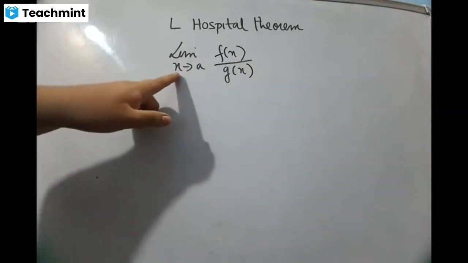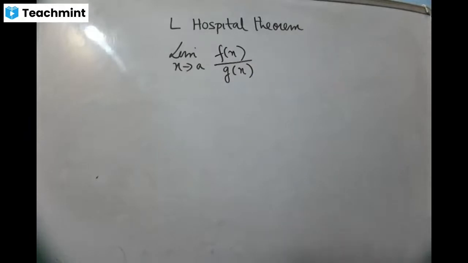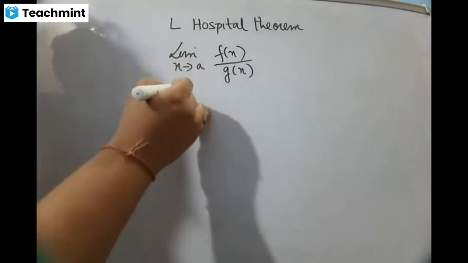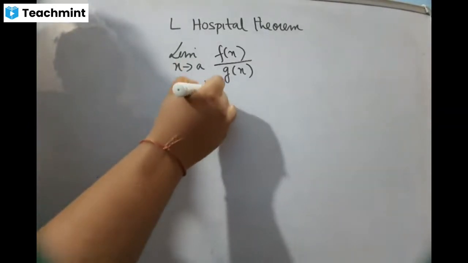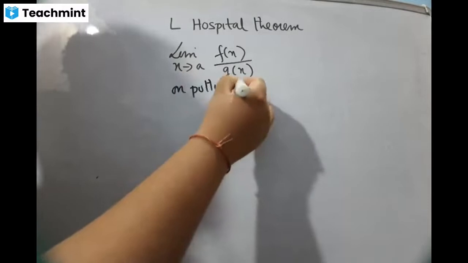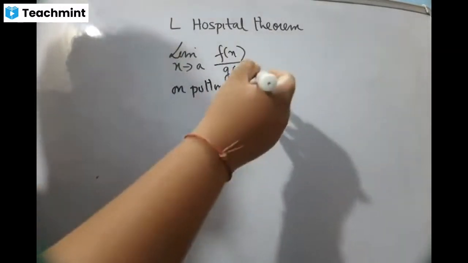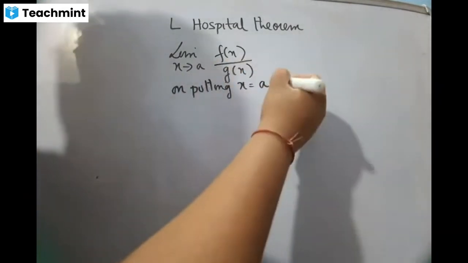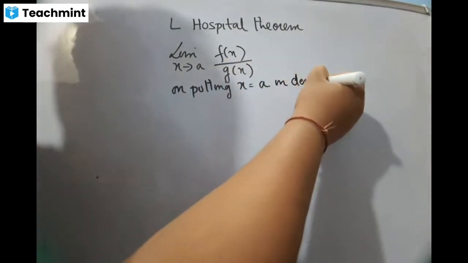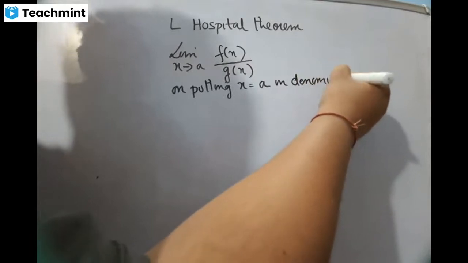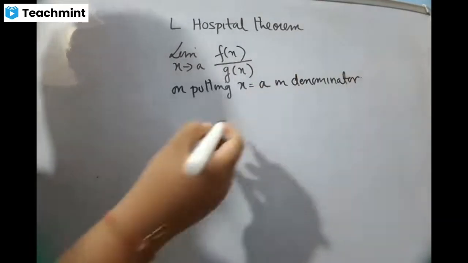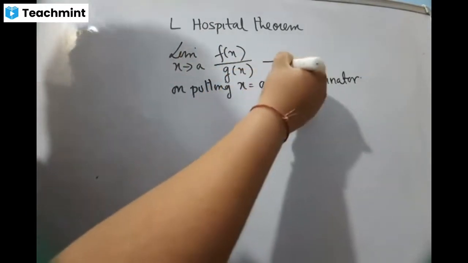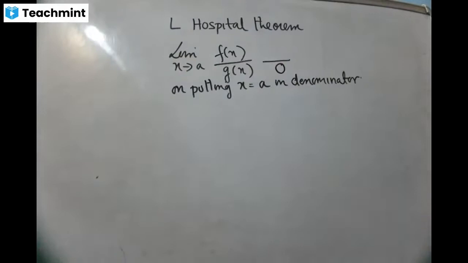But in this particular type, when we substitute x equal to a in the denominator, you will get 0 in the denominator.